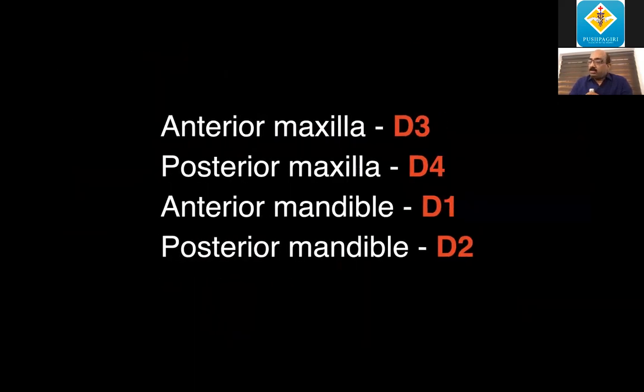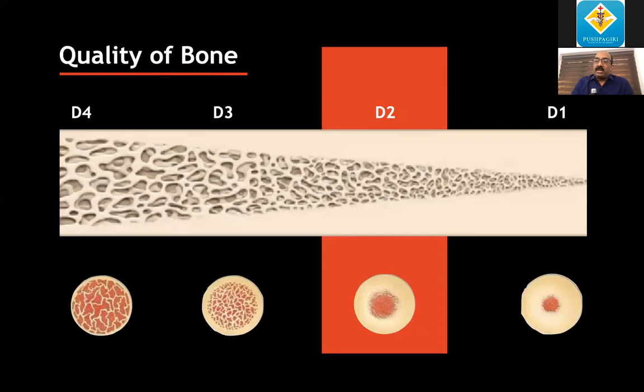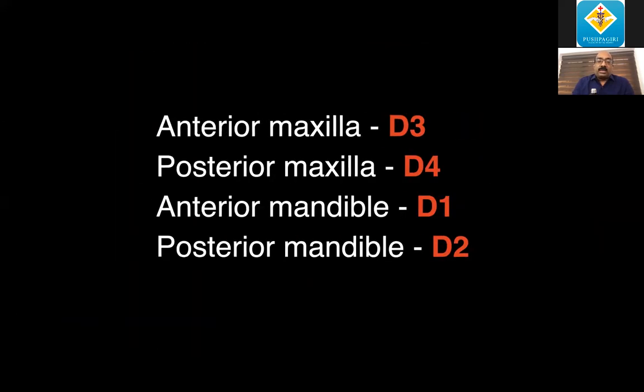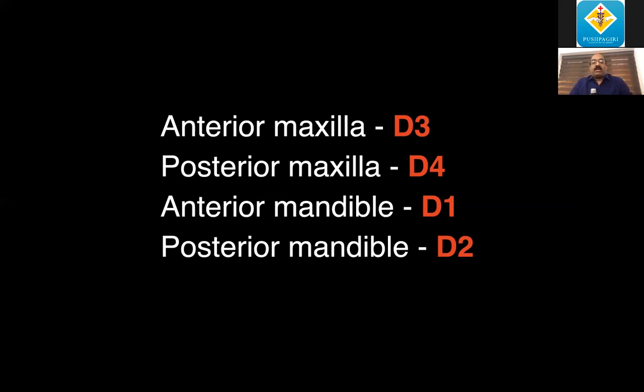So anatomically, we can divide the areas in the jawbone into different areas like D2, D3, D4, and the anterior mandible. I will say if you lose a central incisor in the lower anterior region and you are trying to replace it, that is the most difficult area because the viable bone cells are very few and it is all dense cortical bone.